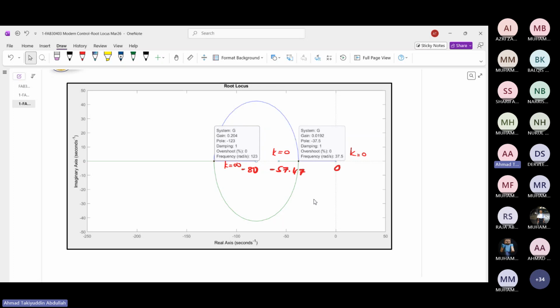We are trying to consider how the plot will look when we have the plot up to k equal to infinity. You got the idea? Nice. Anything you would like to ask on the behavior at infinity and how it is related to k equal to infinity?